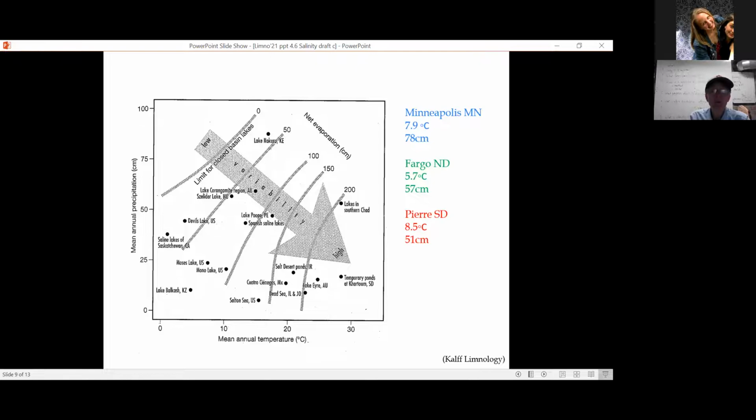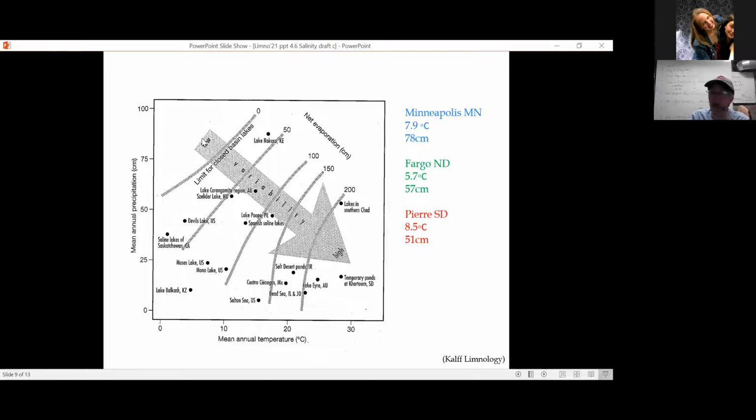Now, Minnesota, our average annual temperature in the Twin Cities area is about 50 Fahrenheit, which is about 8 Celsius, right? And the average annual rainfall is about 78. So Minneapolis is up here.